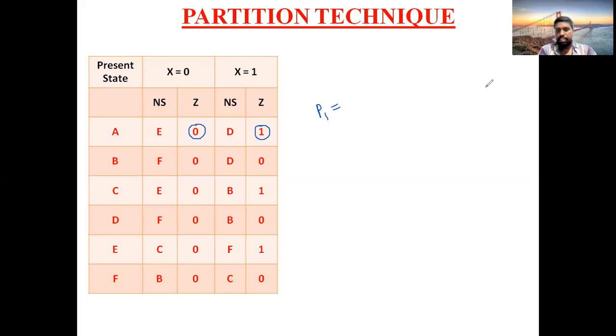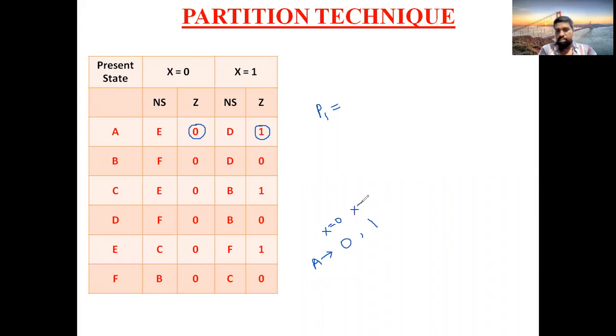So state A exhibits the outputs 0 comma 1, where the first is for input x equals 0 and the second for x equals 1.